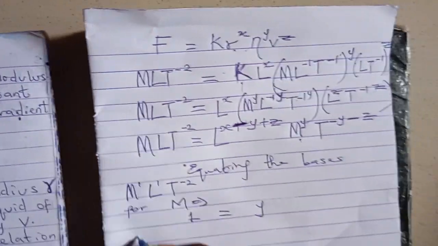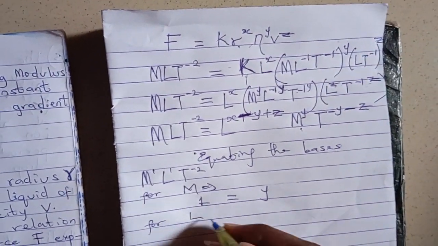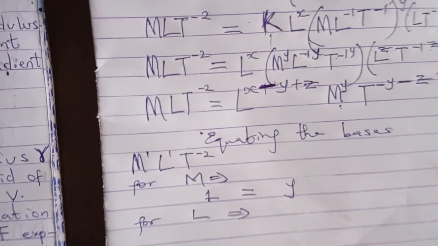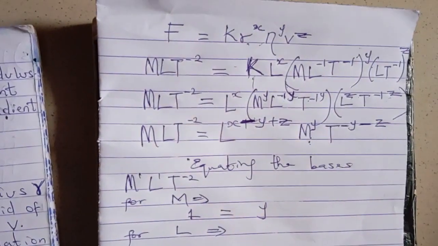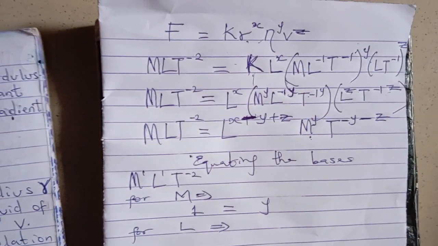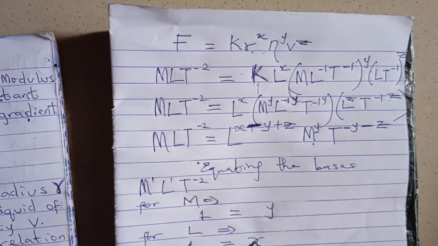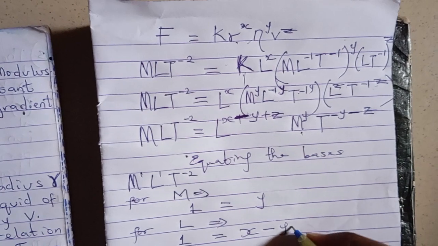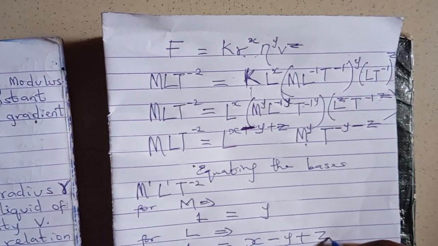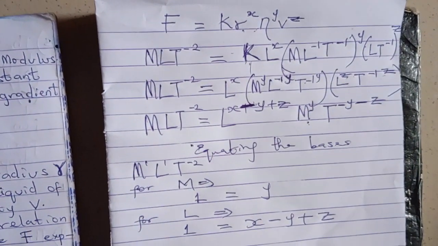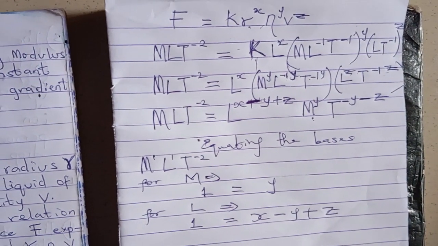So for L, you see that on the left hand side we have 1 equals x minus y plus z. So let's leave it at this.